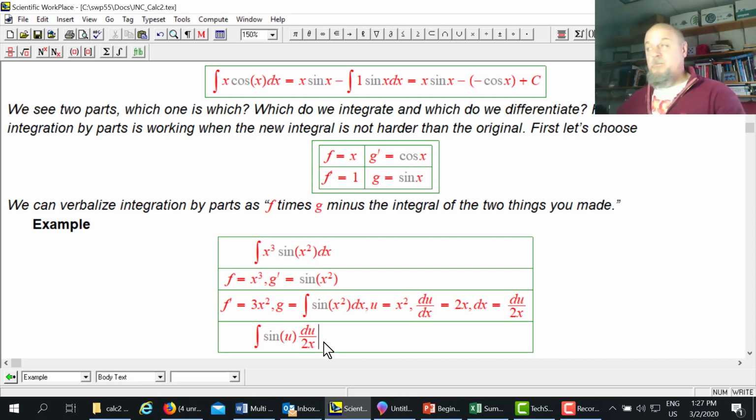I had three x's, but I put them all in the f side. I think what I should have done is make this squared and leave this as an x. So I'm repicking my f and my g prime. I'm leaving one of the x's in the g prime. So now f equals x squared, so my f prime is now just 2x.